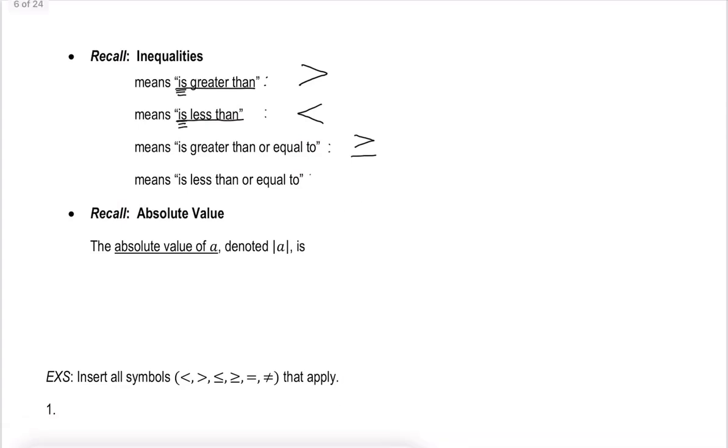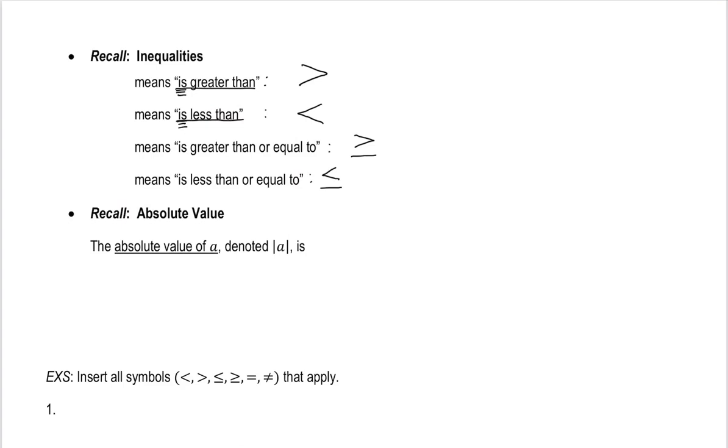What a lot of you probably remember the most is how to evaluate problems using those inequalities. You probably remember the notion that the mouth of the inequality opens out towards the larger quantity, and that's good to remember, but you also want to know the language, that if it's in a sentence, which symbol it's referring to.